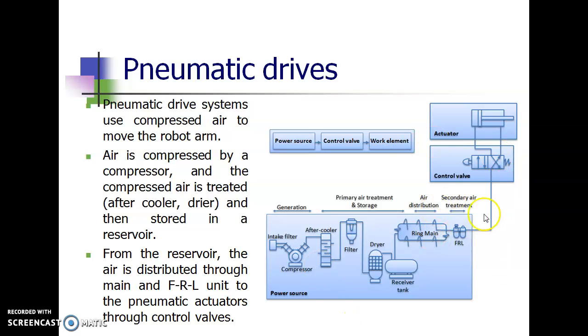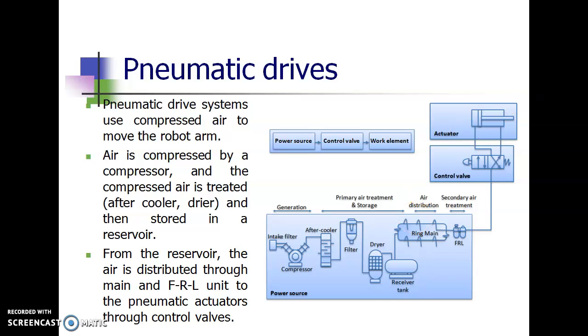After passing through the FRL unit, the filter filters the dust particles. Then the regulator regulates the air pressure. The lubricator adds some quantity of oil in the air as a mist to lubricate the moving parts.